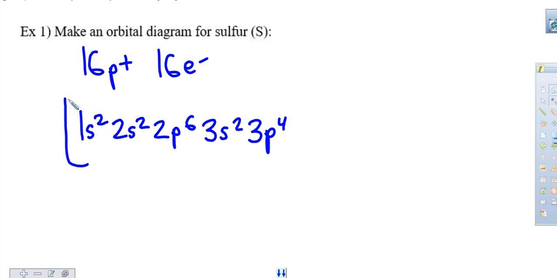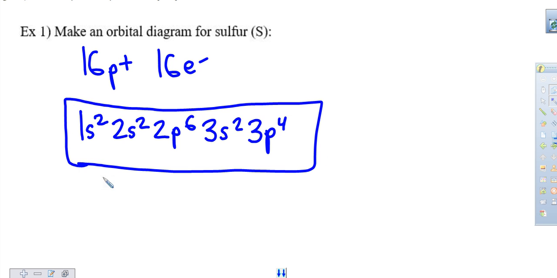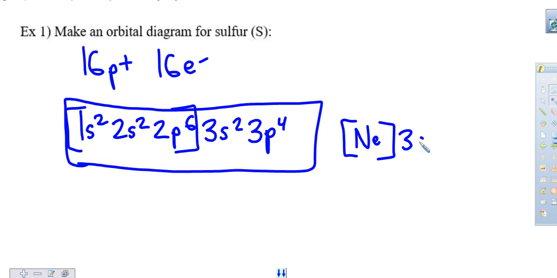So that is the full electron configuration for sulfur. For the shorthand noble gas configuration, we would go backwards, and the noble gas in group 18 would be neon. Neon always has 10 electrons, found in 1s2, 2s2, 2p6. So for the noble gas shorthand configuration, we could write it like this.